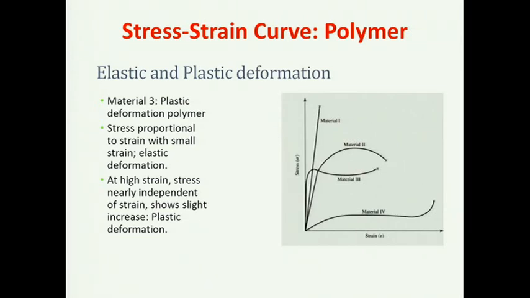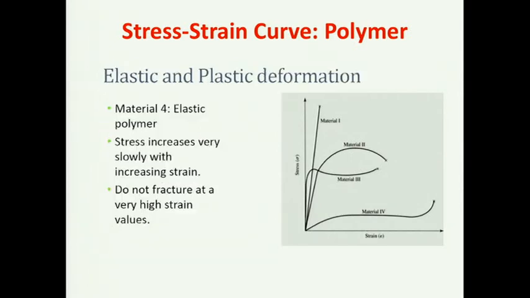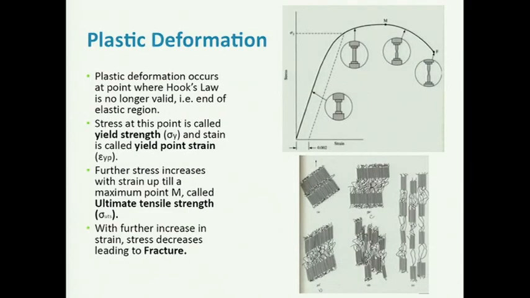You can also obtain this one. It depends on the molecular structure of the polymers. When you have this kind of material that doesn't fracture at a very high strain value, it means you can stretch the polymer as much as you want. There are some specific cases where this is needed.